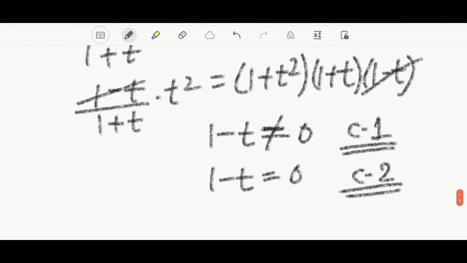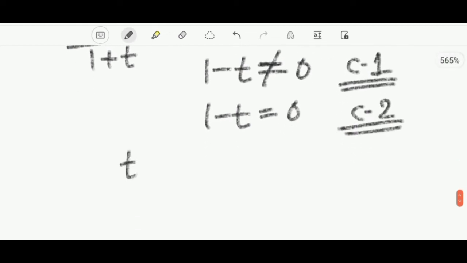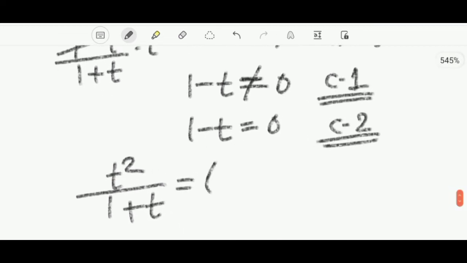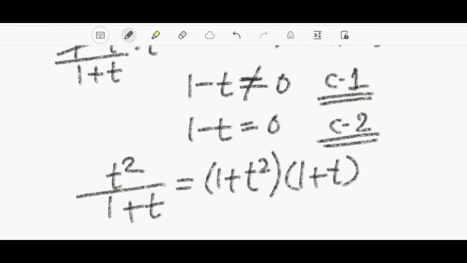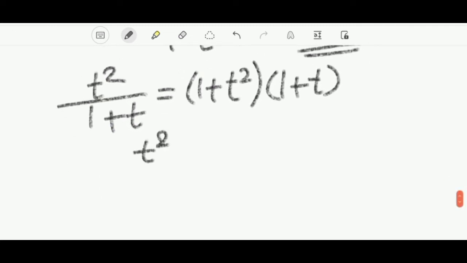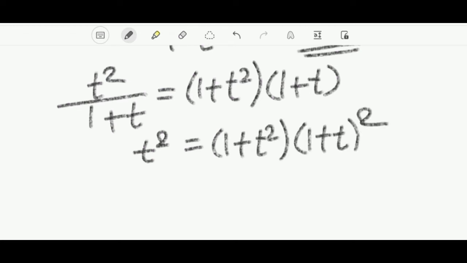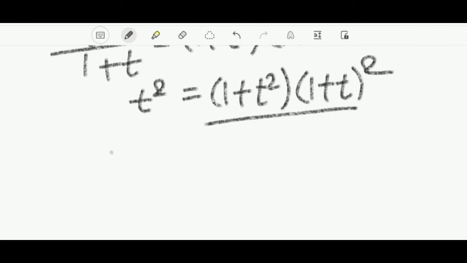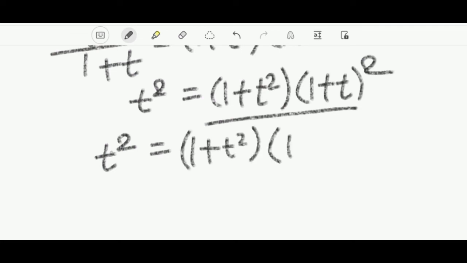So I'm just cancelling it, and we'll obtain t square upon 1 plus t equals (1 plus t square) multiplied by (1 plus t). So we'll get simply t square equals (1 plus t square)(1 plus t) whole square. So we can simply expand this, and we'll get t square equals (1 plus t square) multiplied by (1 plus t square plus 2t).